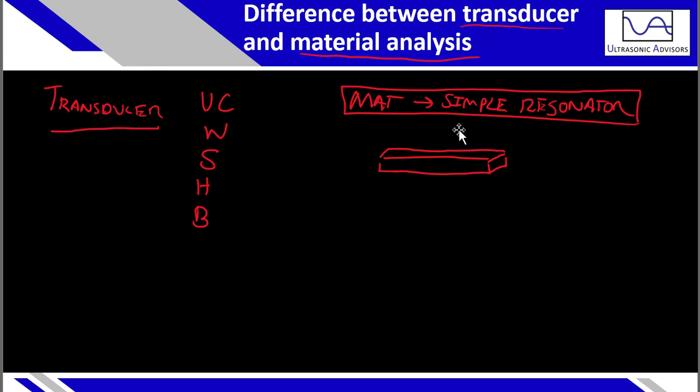In this case, if we stimulate our piezoelectric material, the resonant frequency will be the longitudinal resonance across the length. This will be the first resonance frequency. From this resonant frequency, it's going to be theoretically related to the compliance in that direction. It's called the 1-1 direction. So it's going to be related to a material property.